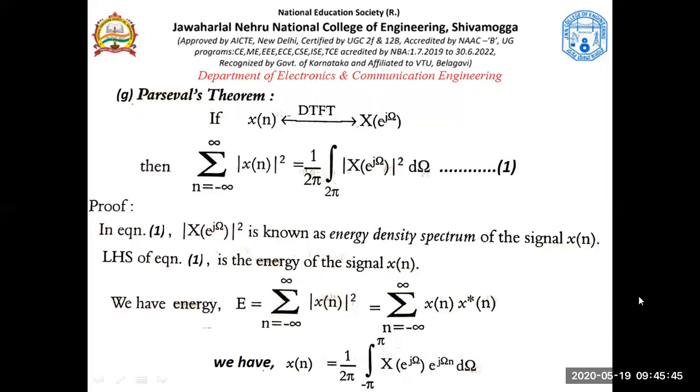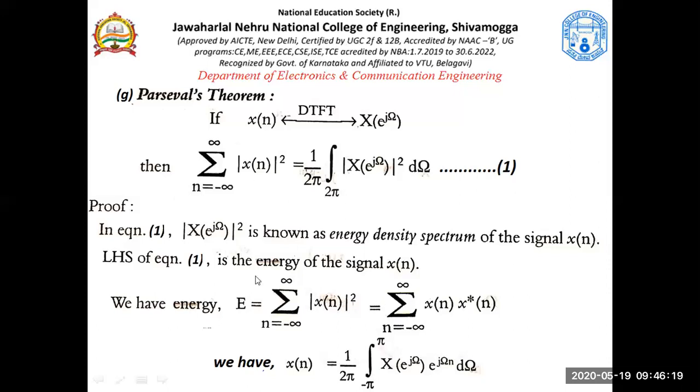I'll tell you again. If x of n is given by this, the complex conjugate is given by x star of n. In this place you will have the capital X conjugate, wherein X of e power j omega is written as X star of e power j omega. This is the equation they have written.